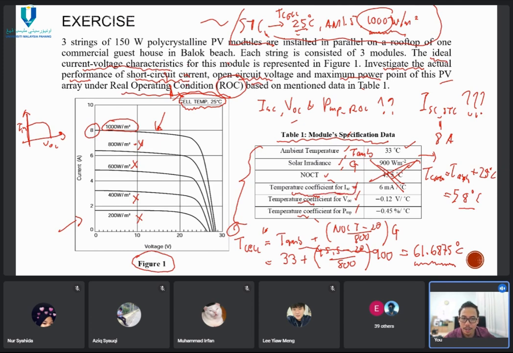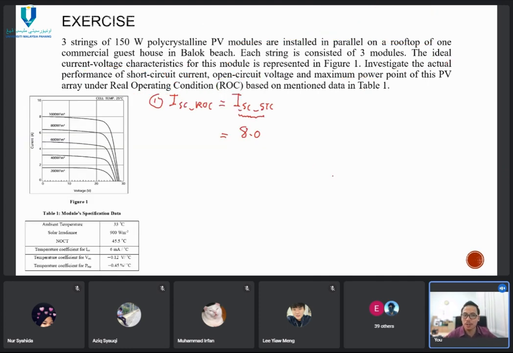The temperature coefficient for ISC is given in units of 6 milliamps per degree C. So what is the equation that we should write here? Which equation should we use?